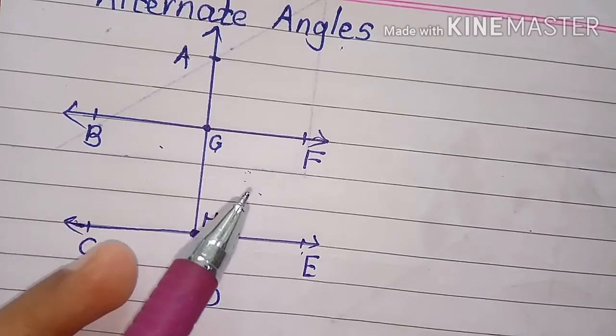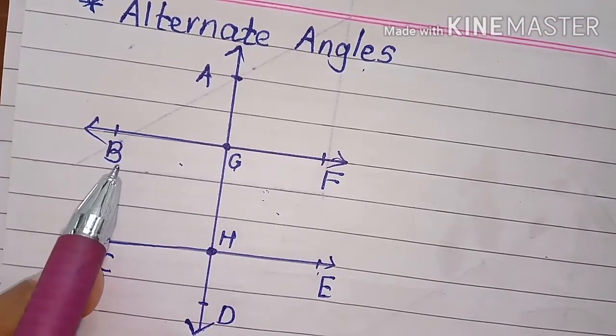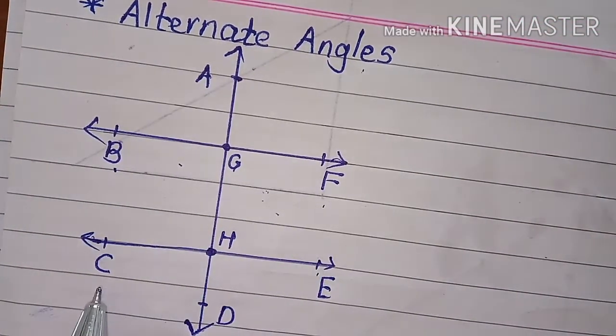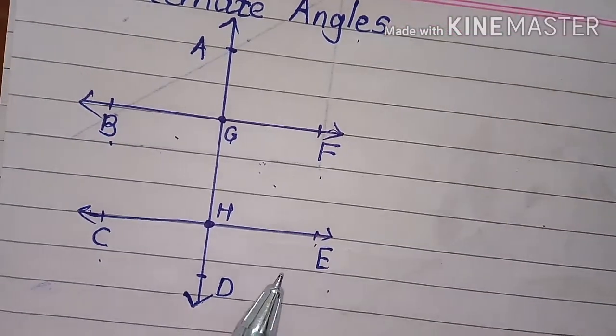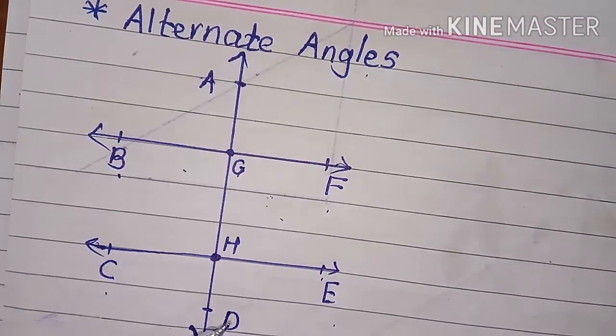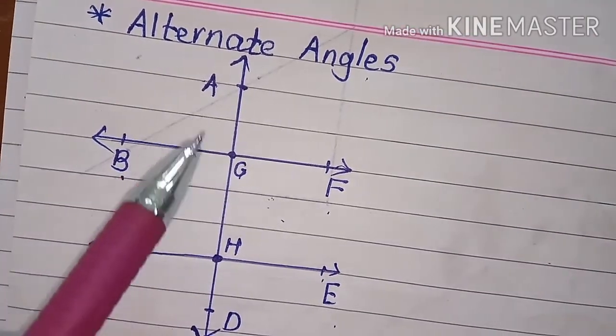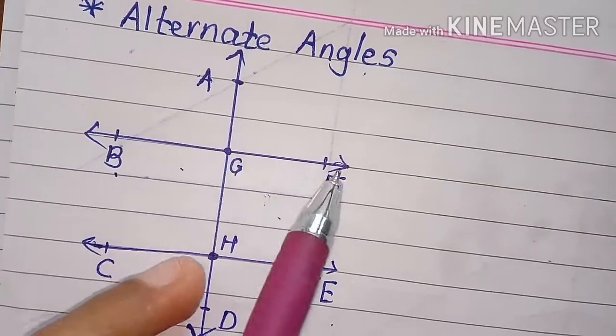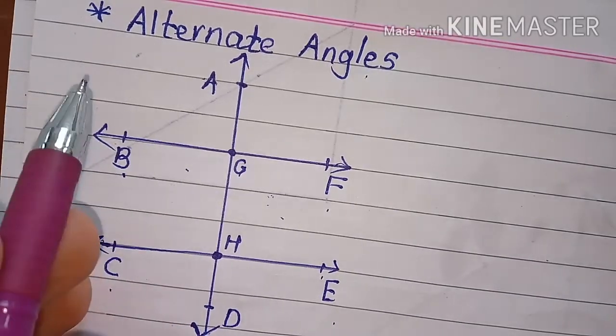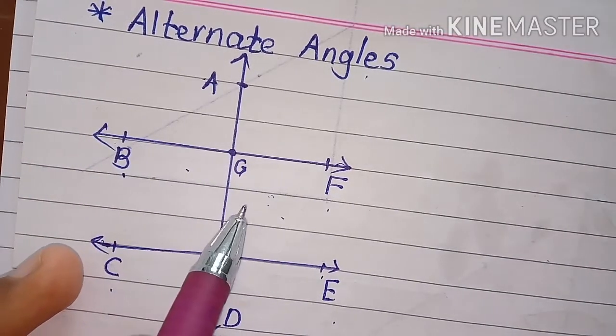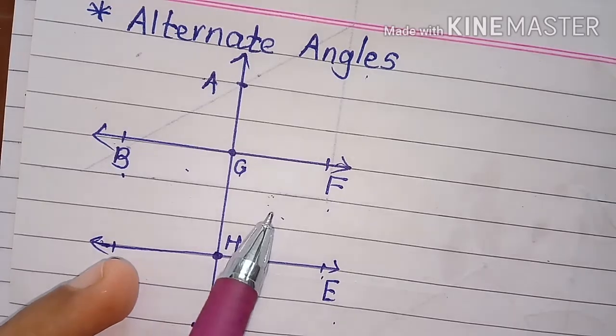Now in this diagram, see, line BF is parallel to line CE and AD is the transversal. G and H are two distinct points which are on the transversal and on the parallel lines. Now see in this which pairs are alternate angles.